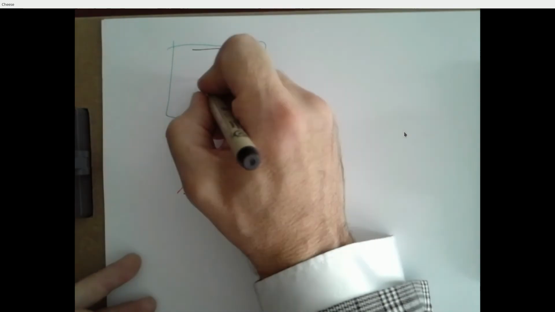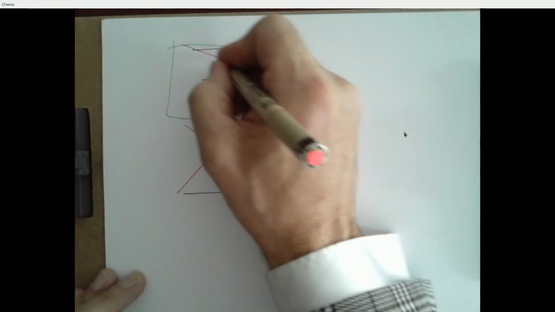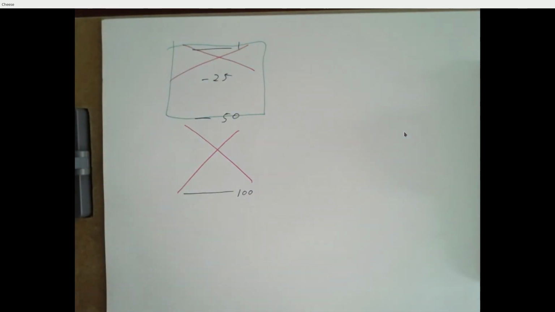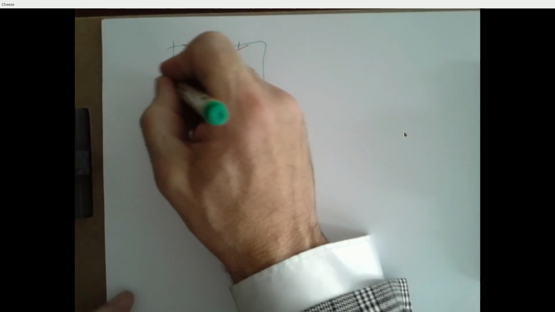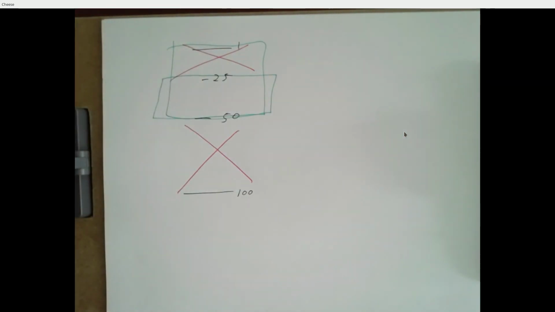Okay, is it 25? Well, 25 is too low. Can't be 24, can't be 23, can't be 1. And now we've cut our problem in half again. So after 2 guesses, now we only have to guess one of 25 possible numbers. And after 3 guesses, we have to guess one of 12 and a half numbers, right?